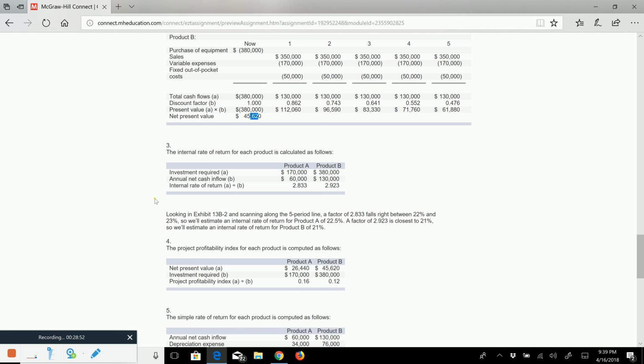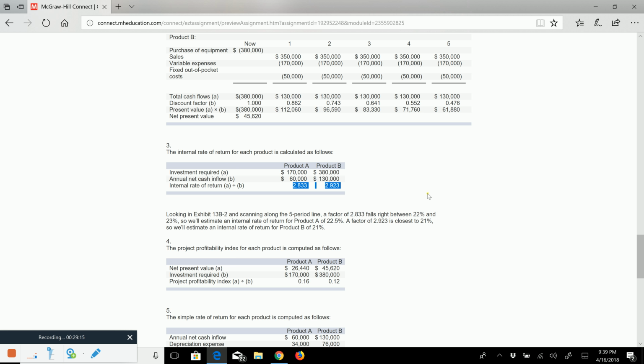Next, let's analyze these two investments using internal rate of return. The internal rate of return, once again, you're going to take your investment required divided by your annual cash inflow. You get the internal rate of return. Product A, 2.833. Product B, 2.923.